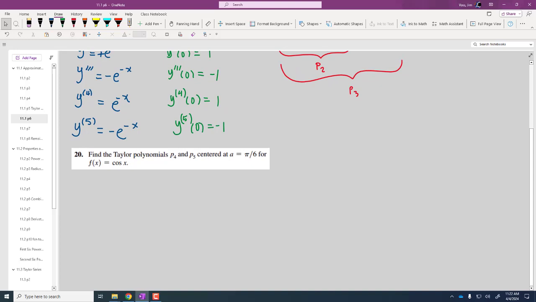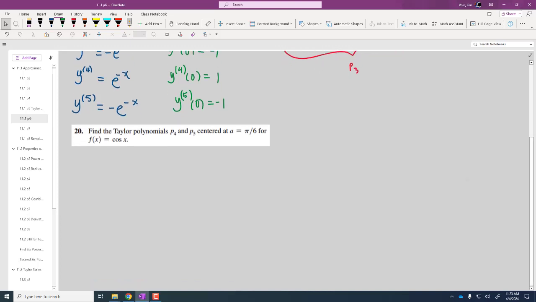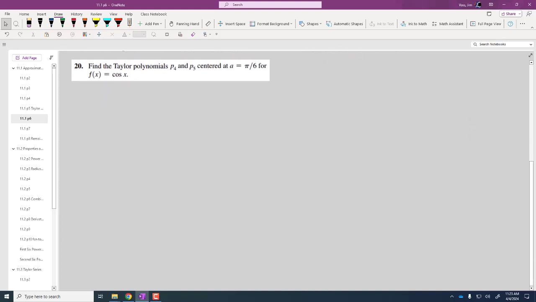Try this one for cosine. They're just saying find p sub 4 and p sub 5. So basically go to p sub 5. And here the center is going to be pi divided by 6. So build that Taylor polynomial, fifth order.